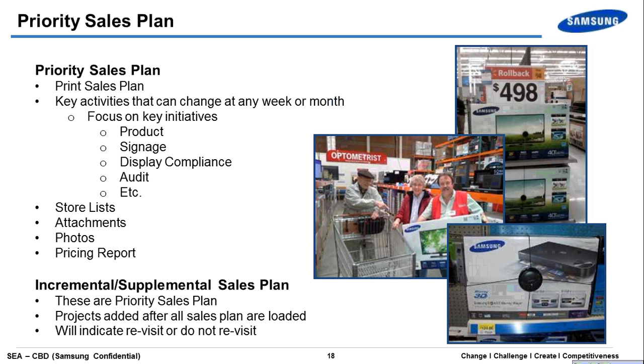Or getting new signage. There may be a promotional signage that needs to be placed, and making sure that that's hung correctly or out on the floor. As well as making sure items that are on display are in compliance. They're running, they're working. These are specific to certain models.